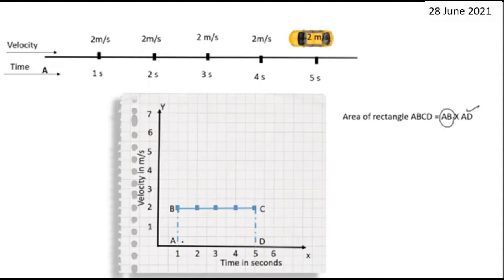Since this particular line is parallel to the y-axis, what does the y-axis indicate? It's a velocity. So this particular point is giving us a particular value of velocity which is 2 meter per second, and that is the initial velocity.